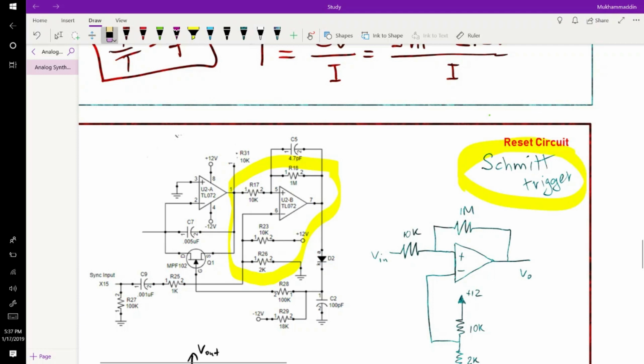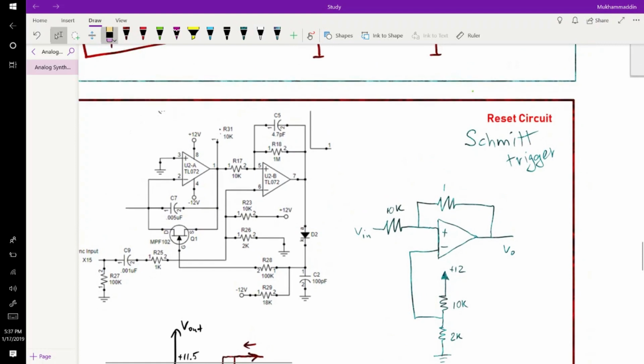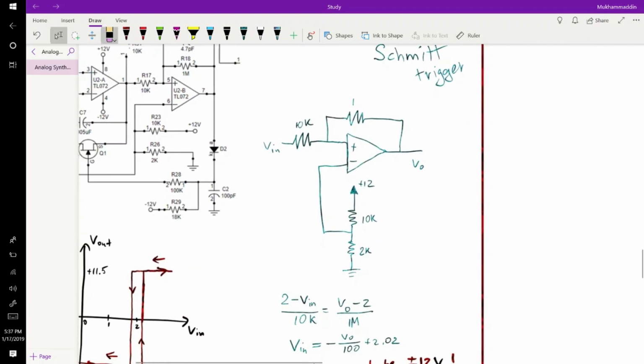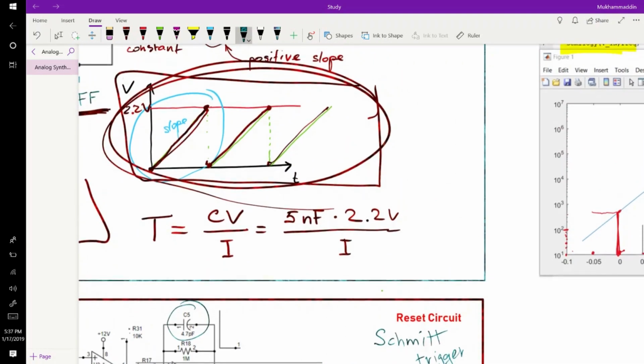What does that mean? Well, let me go through it very slowly. This is the circuit of the Schmitt trigger in the original analog synth circuit. You will notice here that the analog synth also has a 4.7 picofarad capacitor, but it's the same thing we discussed previously.